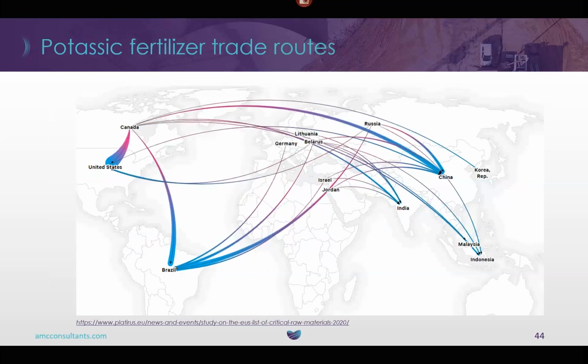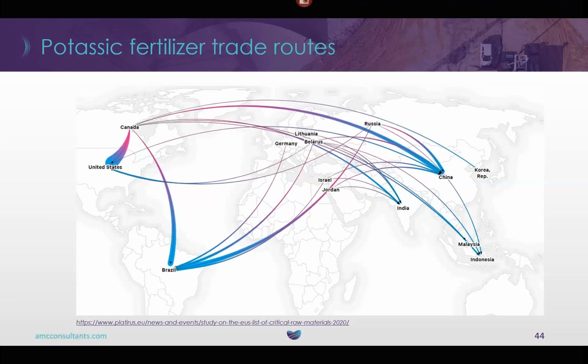Again, we can start seeing where material comes from and goes to. If you look at the Canadian-United States relationship, this would be a classic case of what's referred to as nearshoring or friendshoring. So Canada providing to America and theoretically having very good relationships. Brazil, again, is very dependent on China and Belarus, amongst other places.